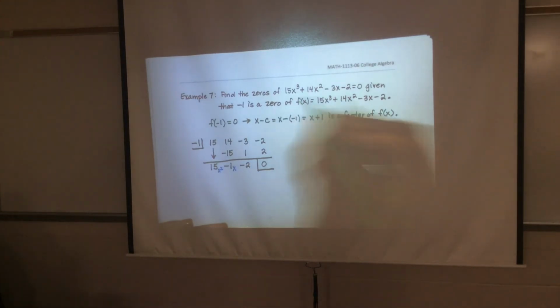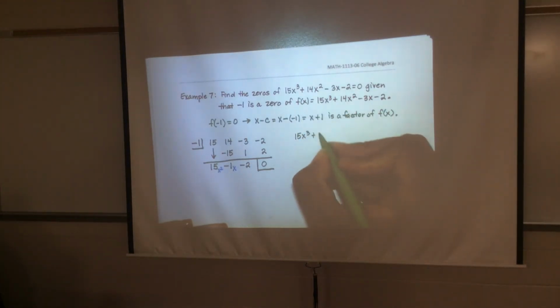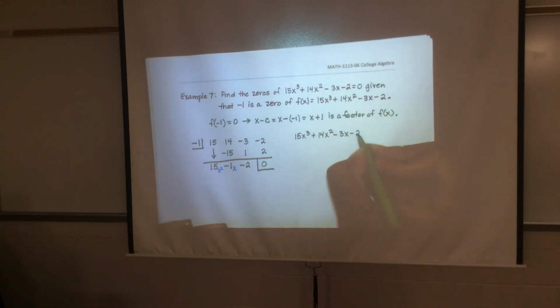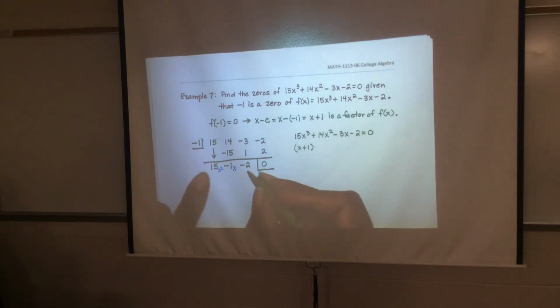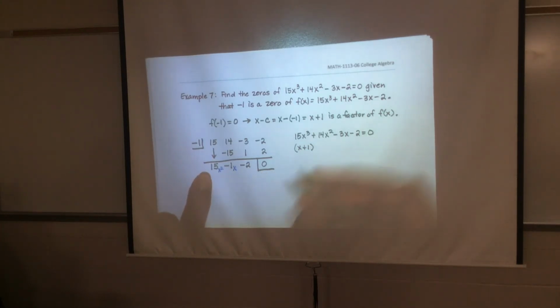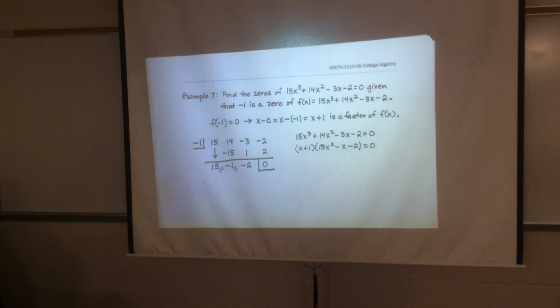Now I'm going to rewrite this equation here. 15x cubed plus 14x squared minus 3x minus 2 is equal to 0. We've already established that x plus 1 is one of the factors here. And here's the other factor right there. 15x squared minus 1x, or just x, minus 2 equal to 0.